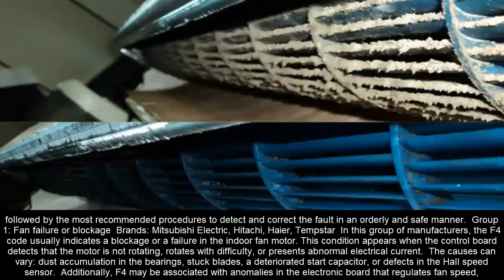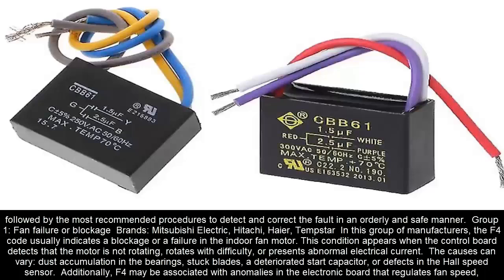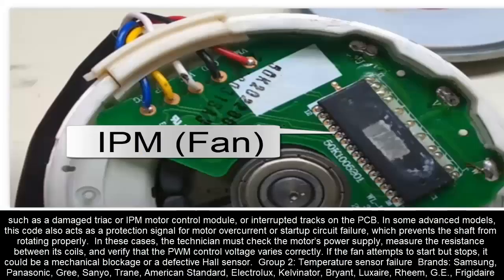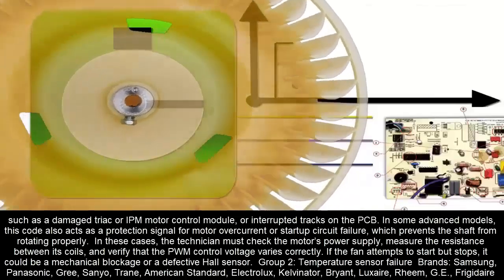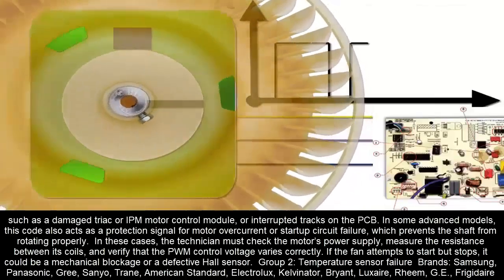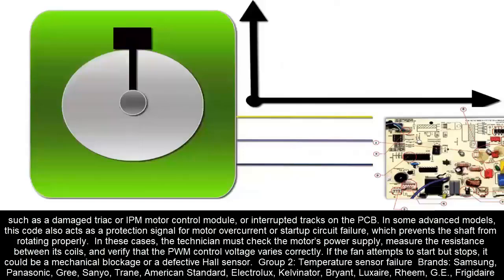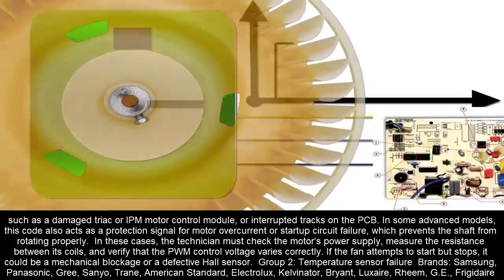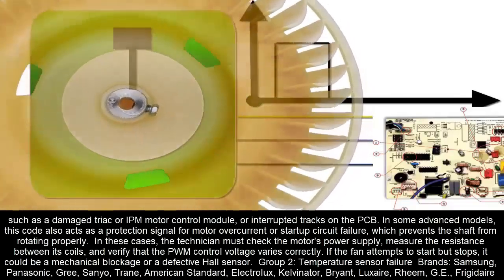the Hall speed sensor. Additionally, F4 may be associated with anomalies in the electronic board that regulates fan speed, such as a damaged triac or IPM motor control module, or interrupted tracks on the PCB. In some advanced models, this code also acts as a protection signal for motor overcurrent or startup circuit failure, which prevents the shaft from rotating properly.